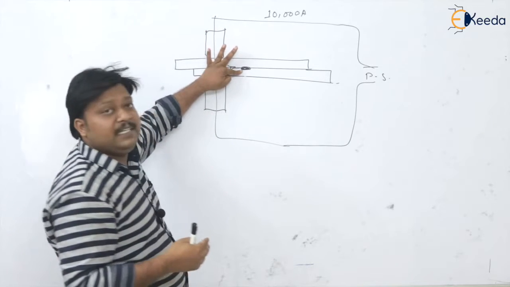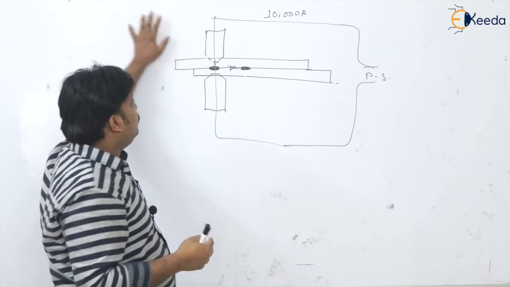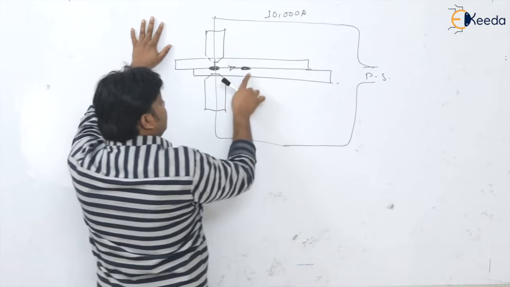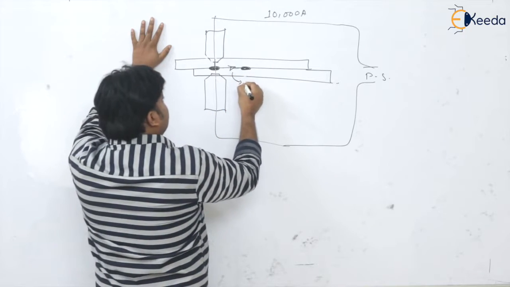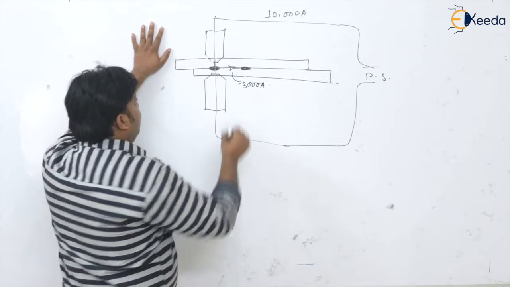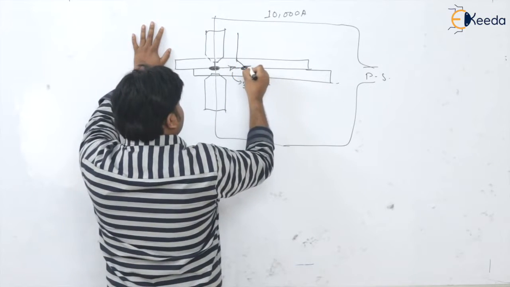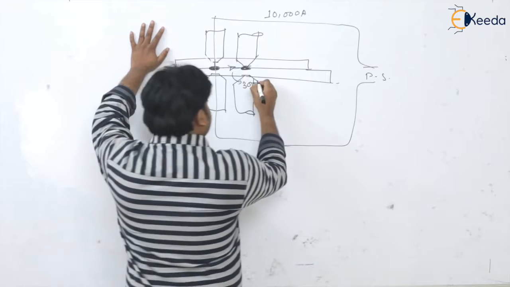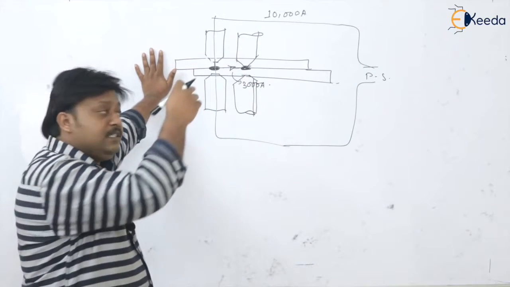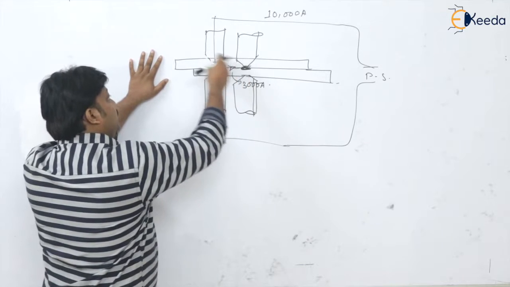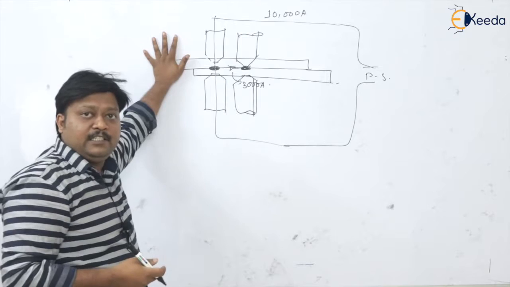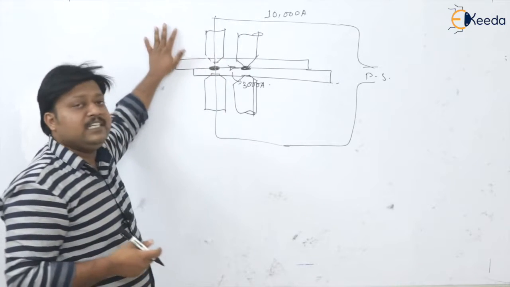Say out of this 10,000 ampere required for the next spot, there is a shunting of 3,000 ampere current. So of course at the next spot, the current of 3000 ampere is passing through these plates because of this tendency of electricity to bypass, that is shunting.